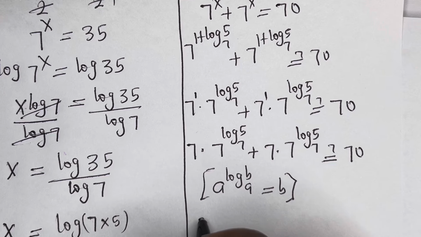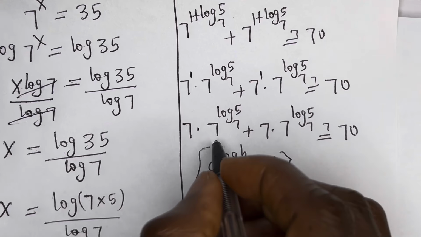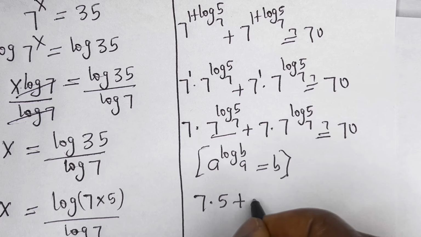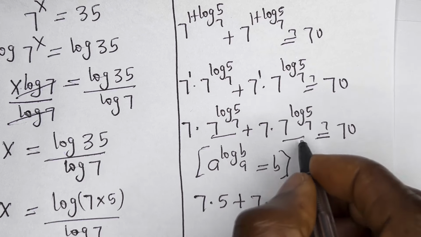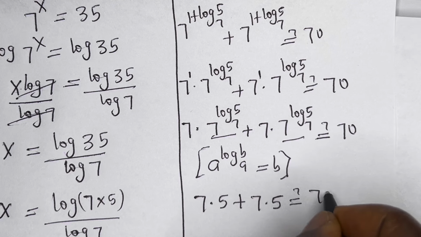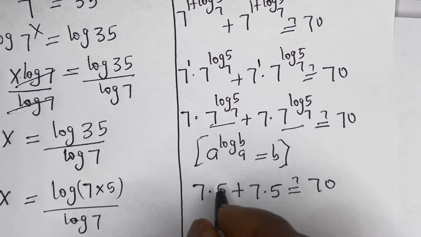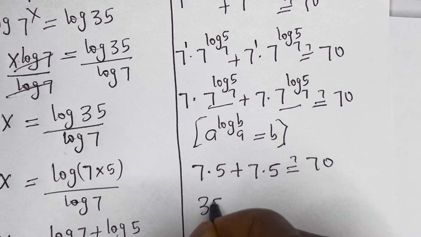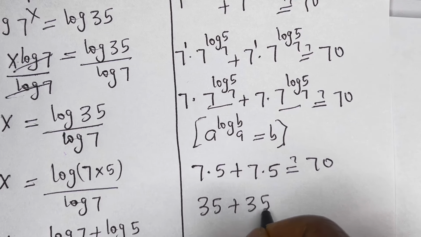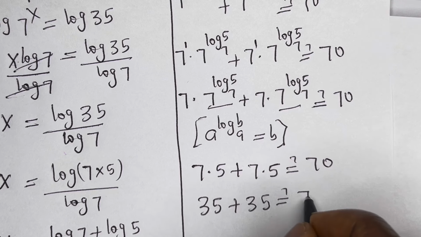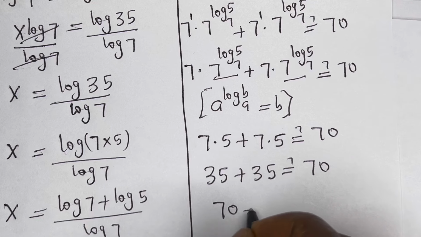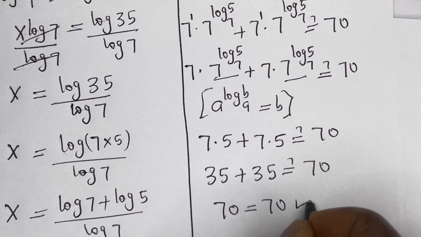This is 7 multiplied by 5, plus 7 multiplied by 5, must be equal to 70. 7 times 5 is 35, plus 7 times 5, 35, must be equal to 70. 35 plus 35 is 70, equal to 70, which is true.